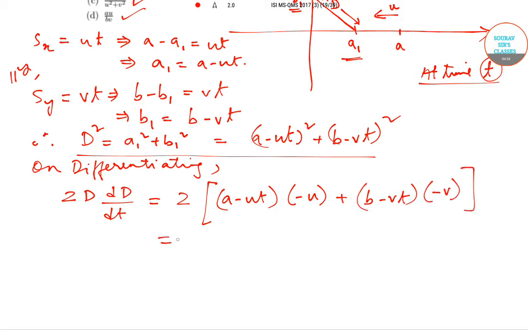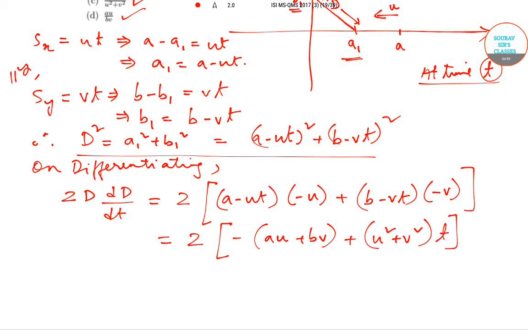This is equal to 2 of minus of au plus bv plus u square plus v square into t.